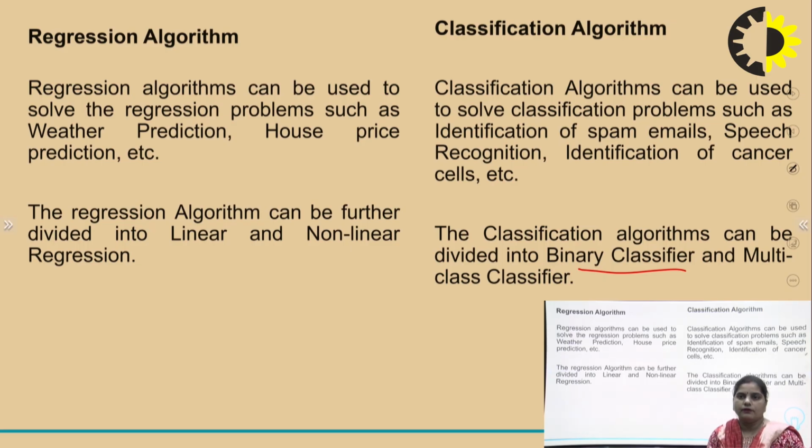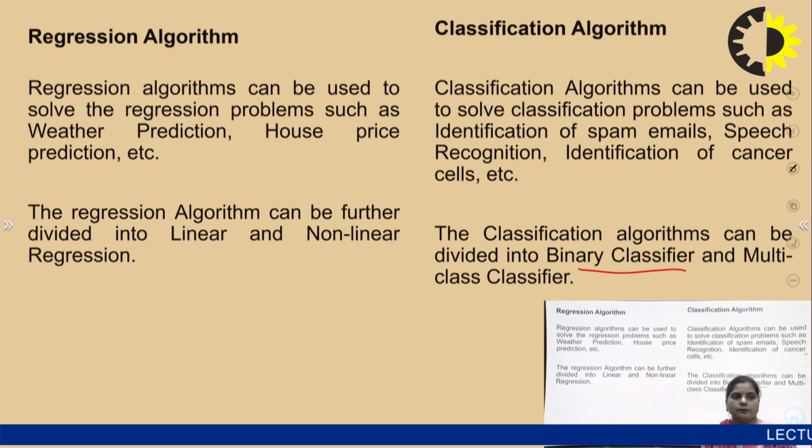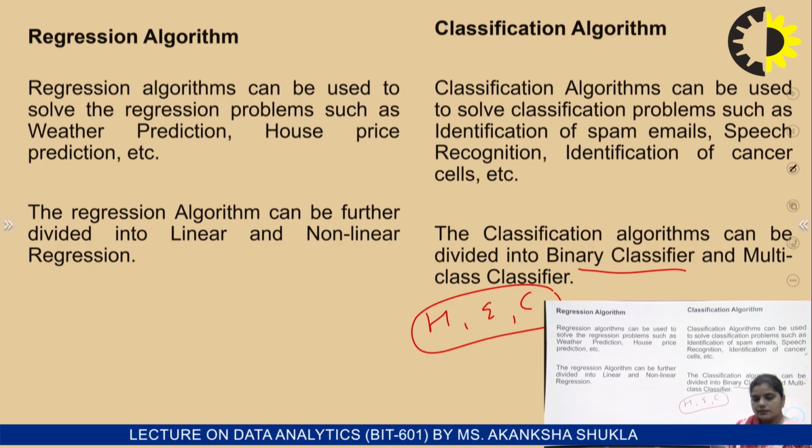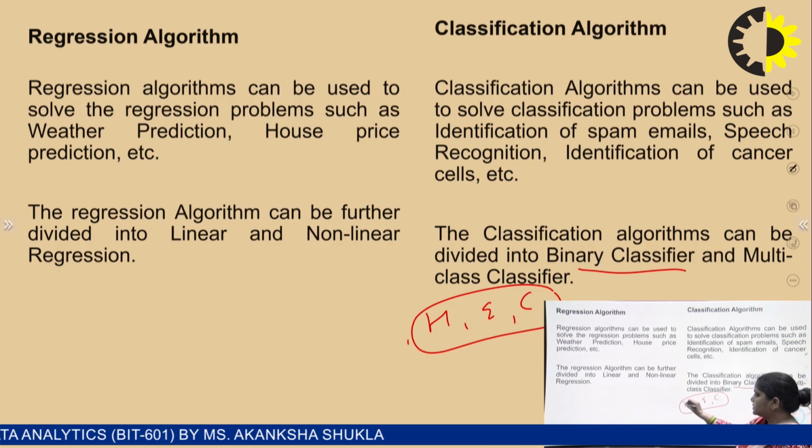But if you have a protein secondary structure prediction, in which we have three labels, the secondary structure labels are three, H, E, C. So in this we have to classify the input into three classes. In this particular case, we do not have a binary classifier.